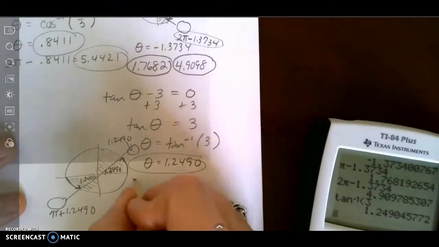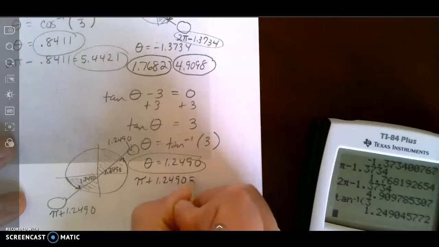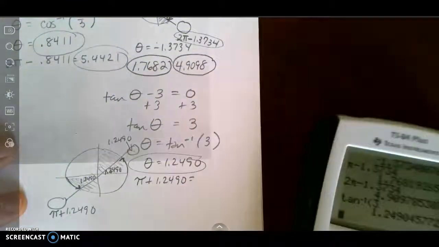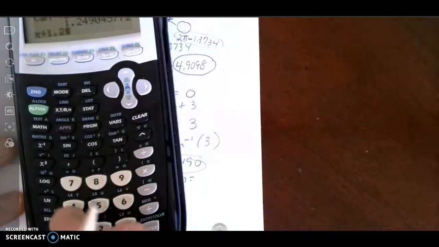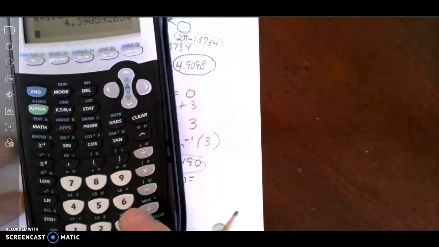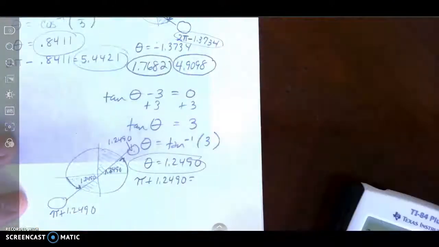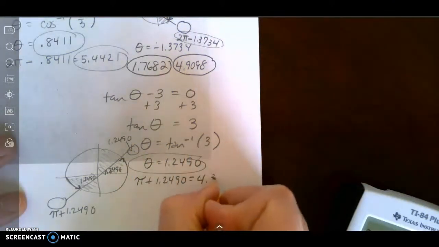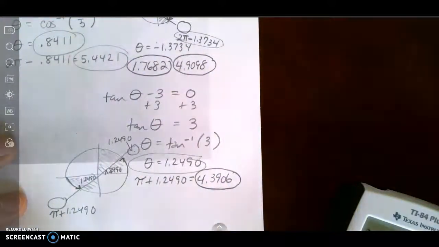So I'm going to have pi plus 1.2490. And let's see what I get. Pi plus 1.2490, and I get 4.3906. 4.3906 is my other answer.